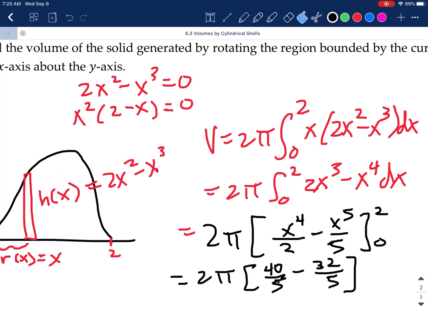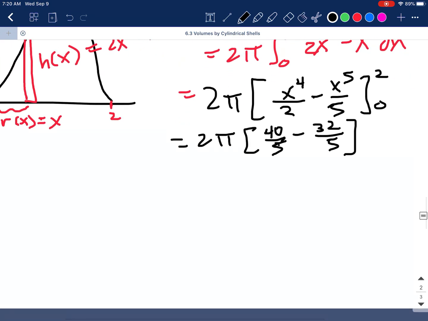It looks like we're going to get 8/5 times 2 pi, which is 16 pi over 5.